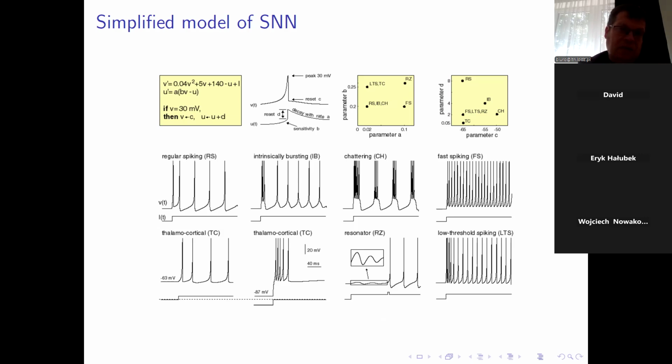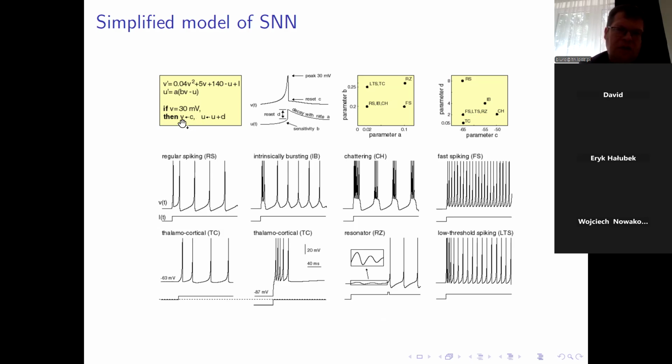You see this pair of coupled first-order equations: v prime equals 0.04 v squared plus 5 v plus 140 minus u plus I, where I is some threshold which you set, and u prime is a times (b v minus u). Those equations are codependent. Actually, you can substitute one equation into the other, but in any case, it's like that. Then, if the voltage exceeds 30 millivolts, this is in our brain, by the way, V is reset to c.